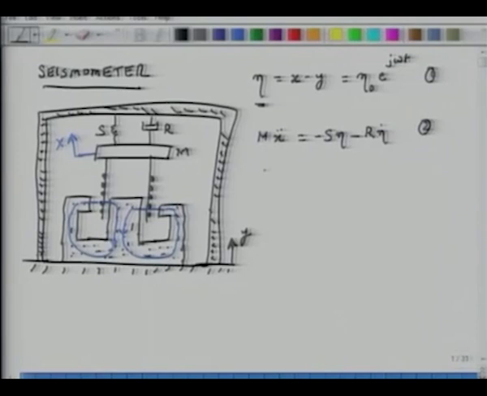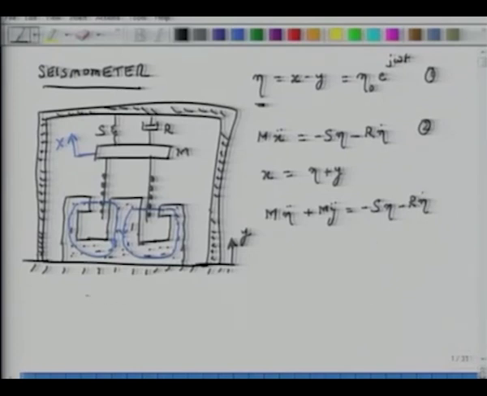And from 1 we can write x equals eta plus y. So if I put that back into 2, what I get is m eta double dot plus m y double dot equals minus s eta minus r eta dot.